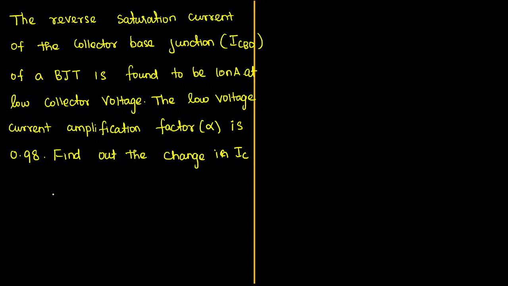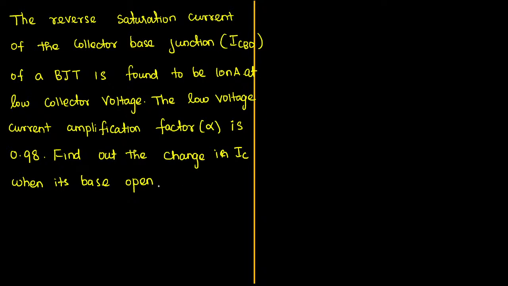Find out the change in collector current when its base is opened, when the collector voltage is increased such that alpha increased by 1%.